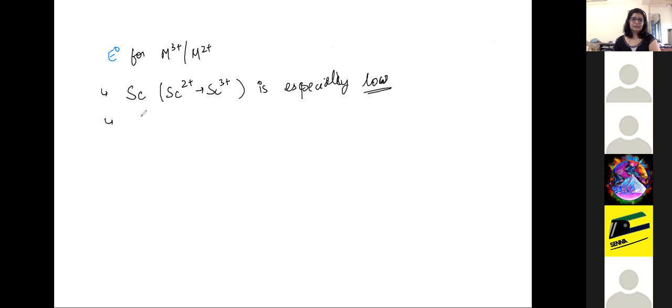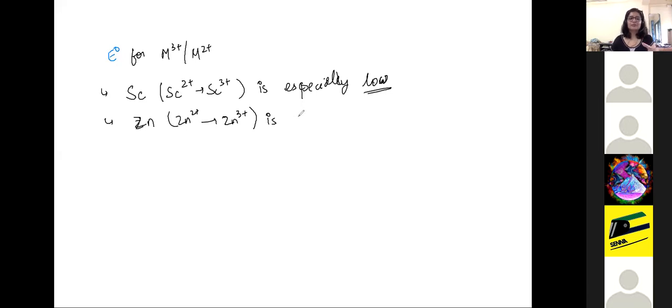Similarly, zinc also shows this. Zinc, what do you expect? So conversion of zinc 2 plus to Zn3 plus, is it going to be extremely low or especially high? It will be extremely high. Yes, because it has the 3d10 configuration in the +2 state, so it's not going to give away electrons.